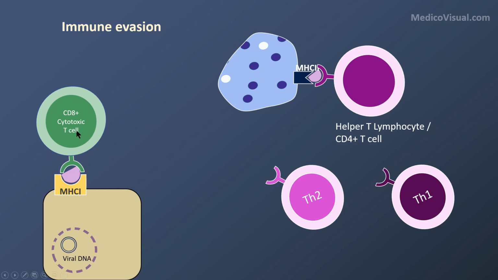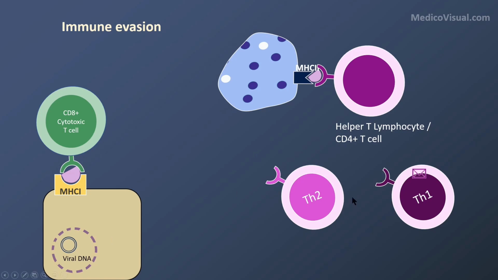The cytotoxic T cell will send a chemical message in the form of interleukin 10 to this commander: hey boss, I have caught something. Please order me to kill this harmful cell.